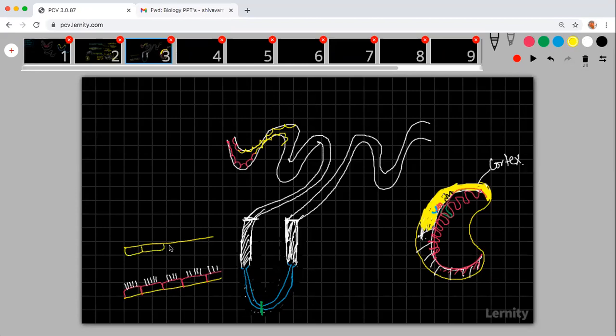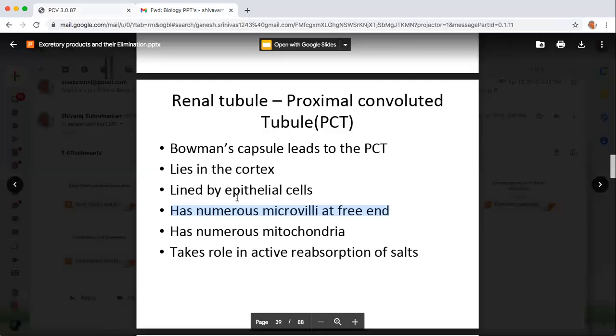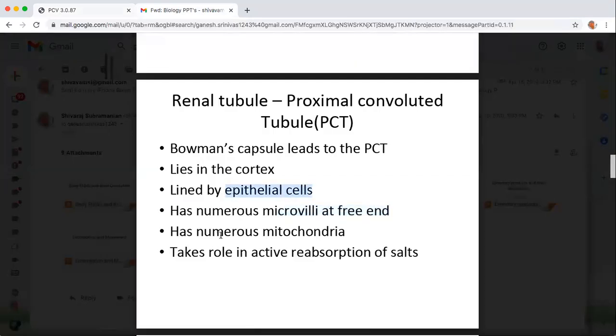Your proximal convoluted tubule will look like this. Yeah, it is ciliated epithelium only that will be present. It has numerous mitochondria.